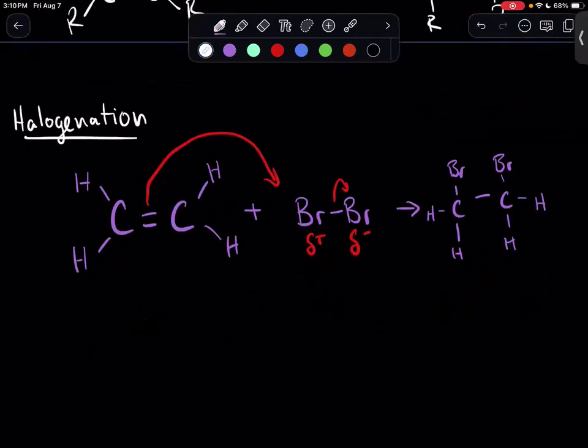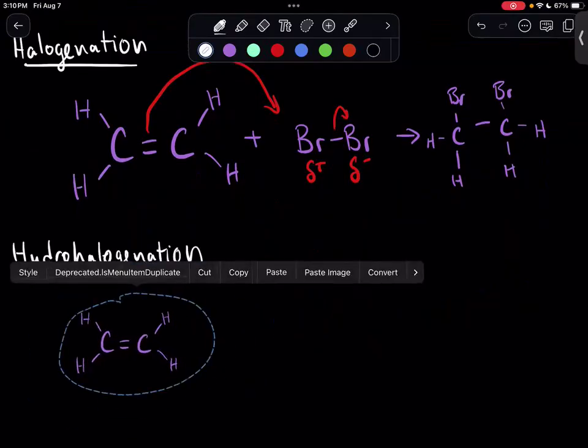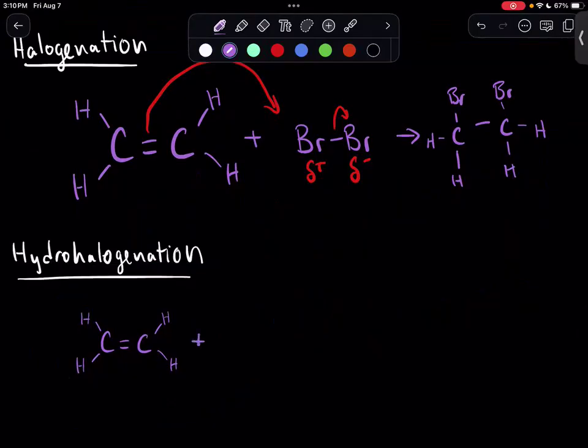The next one we have is, sorry, whoops, not hydrogenation. We're doing hydrohalogenation. And once again, we'll start with our ethane. This time we're going to add our hydrogen halide. So we'll do HCl.